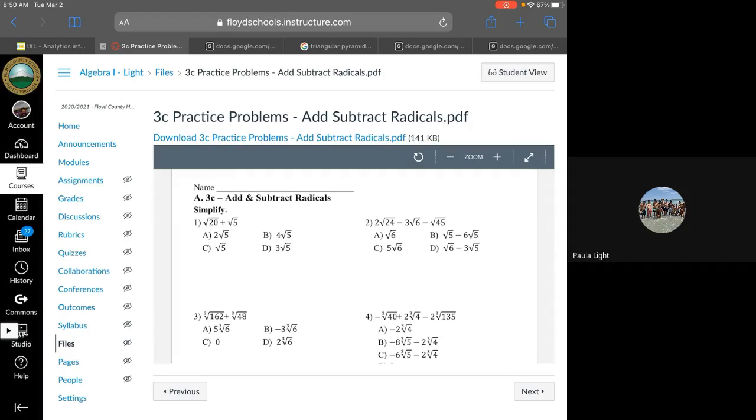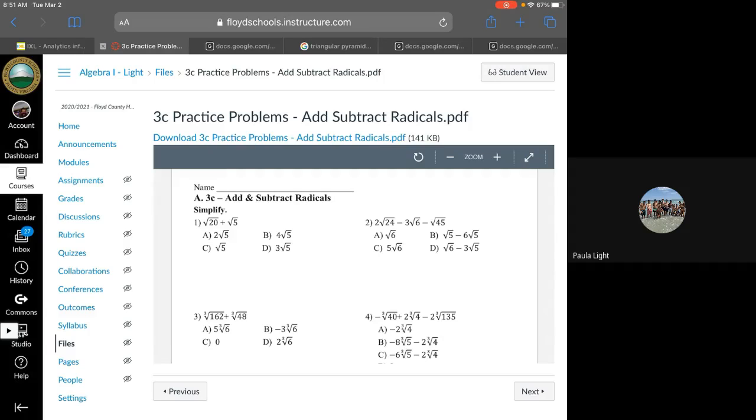All right? So the first one, radical 20 plus radical 5. The answer is D, 3 radical 5. The answer is D for number 1. If you did it, check it. If you didn't, circle the correct answer, go back and see if you can work it and get that. That's the correct answer.